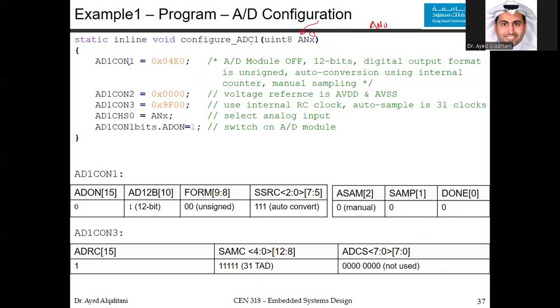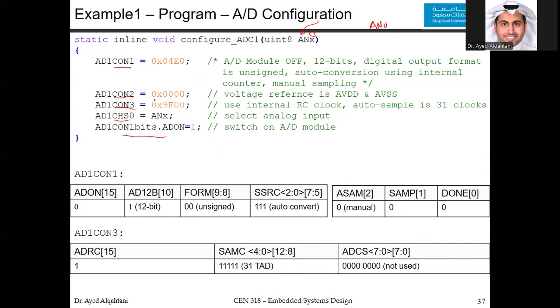And then we configure the control registers, or the special function registers: control 1, control 2, control 3, and we use the channel selectors. Once we're done, we switch the analog to digital converter on. That's the idea.